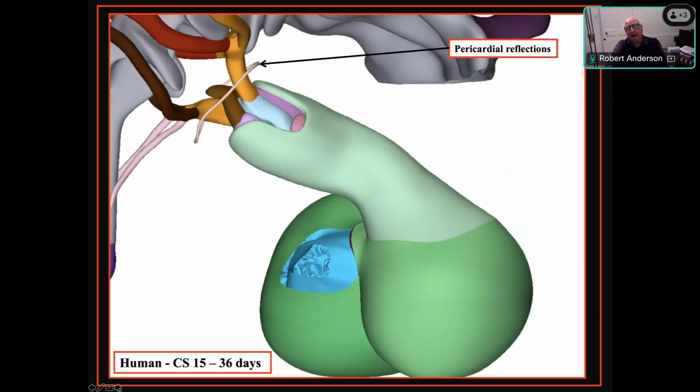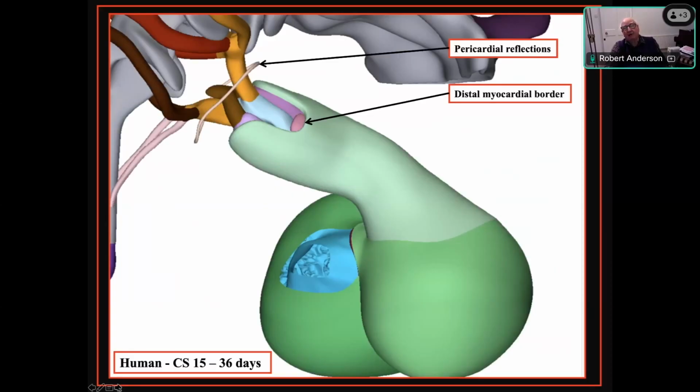Now it is the paler green that is showing you the myocardium that is enclosing the wall of the outflow tract. And what you can see is that its distal myocardial border has regressed away from the level of the pericardial reflections, and it has done so in fish mouth fashion.